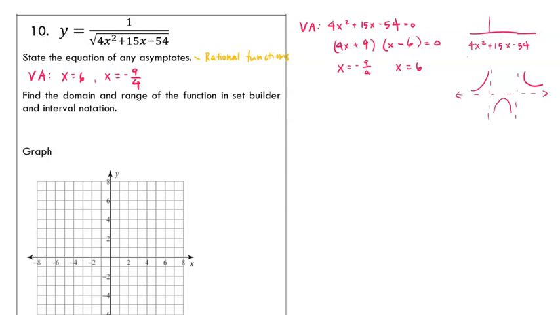But what happens if you take the square root in? If you take a square root of that, we know that x is now further restricted. Now, x was restricted by the fact that it was a rational function. x is further restricted because it's a radical.